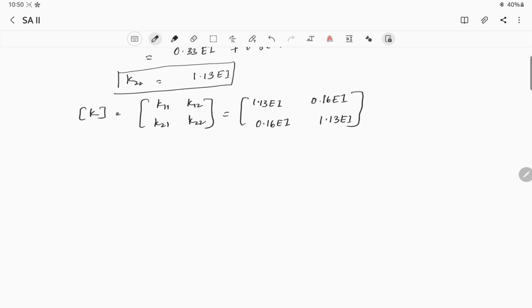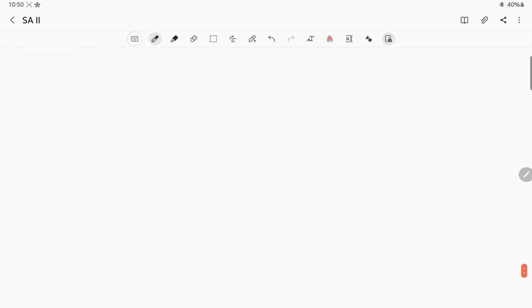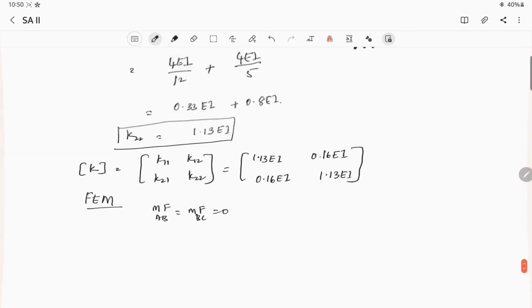After formation of the stiffness matrix, we go for fixed end moments. So we calculate the fixed end moments now. MFAB is equal to 0, and MFBA is equal to 0. Why 0?